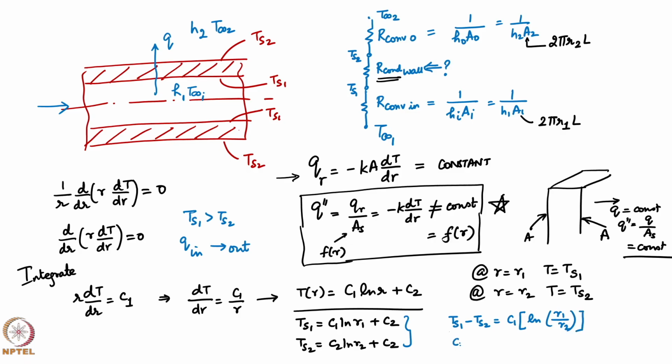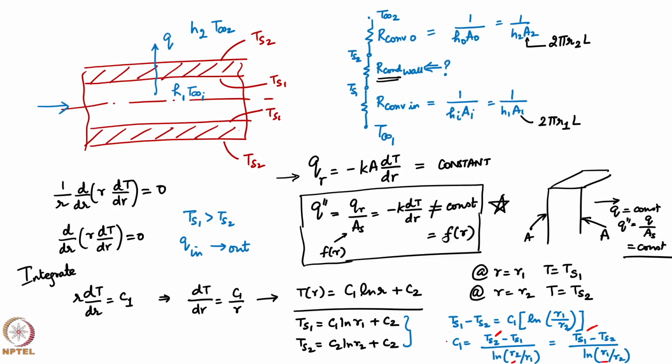So whatever we do, C1 is equal to Ts2 minus Ts1 divided by log R2 by R1, or you will write Ts1 minus Ts2 divided by log R1 by R2. Whichever way you want to write, please make sure whatever is the first term coming in here, if this is 2, this also needs to be 2. If this is 1, this needs to be 1. The signs, everything will take care of itself.